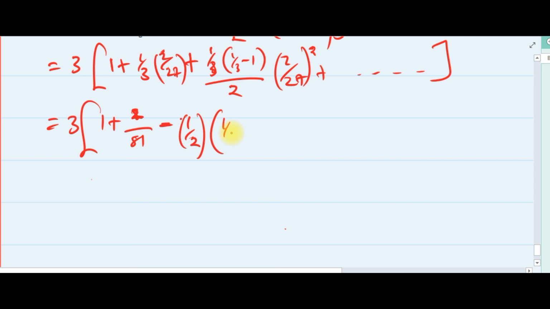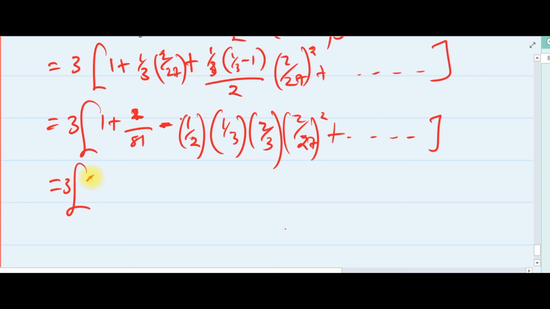So the half here was brought here. This is 3 times 1 plus, 2 over 81 is 0.0247, minus, if you multiply all these, 0.0006. So we have 3 times, if you add, 1.02212.